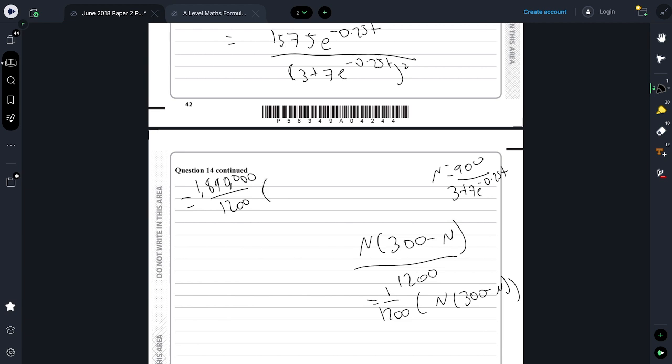And then if you compute that division, you get 1575. Okay, so now I've got rid of the number. So now I've purely just got e to the minus 0.25t over (3 plus 7e to the minus 0.25t) squared.